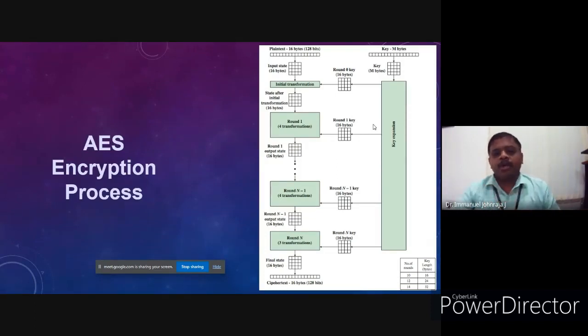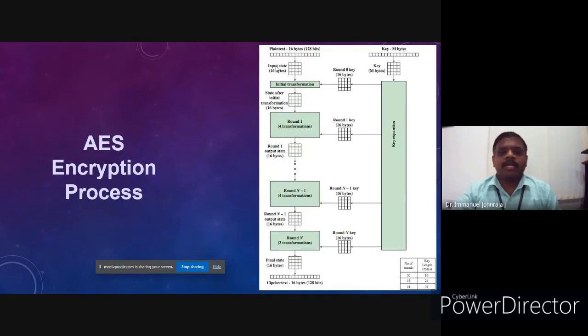All right, so what happens? Every data block is called a state. This is only for understanding; it has no very technical significance. The data value is called a state. So plain text of 16 bytes is taken and put as a state. There are 16 bytes, so 4 bytes per row.